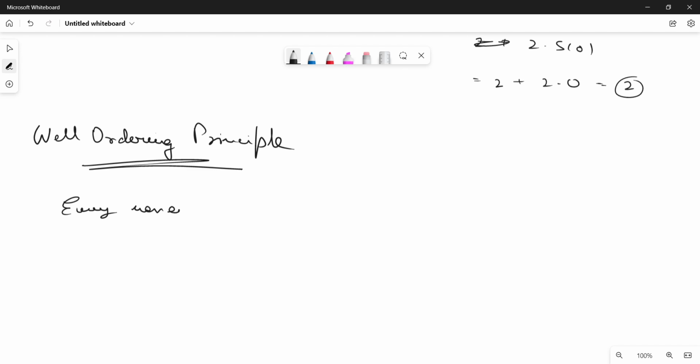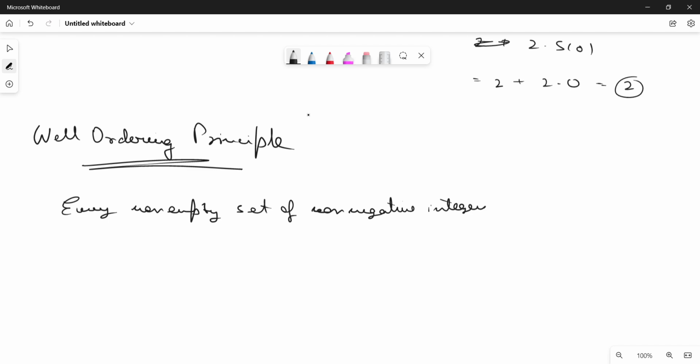So what does the well ordering principle say? It says that every non-empty set of non-negative integers has a smallest element. What are non-negative integers? A non-negative integer is the natural number that we just constructed.